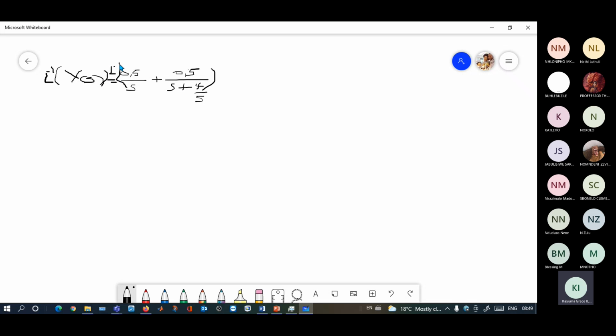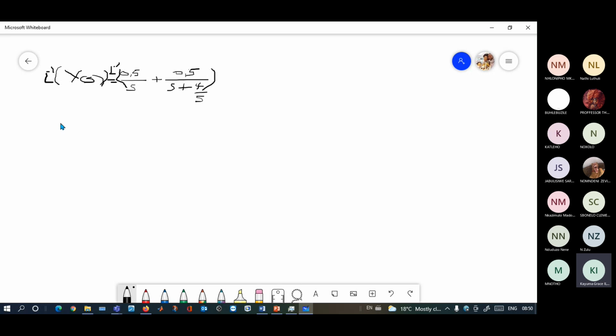Sorry for that. So now we know that from the table we can find the inverse Laplace transform of our problem. Let's see if I can go to the table, or you can check it yourself because you have the table.